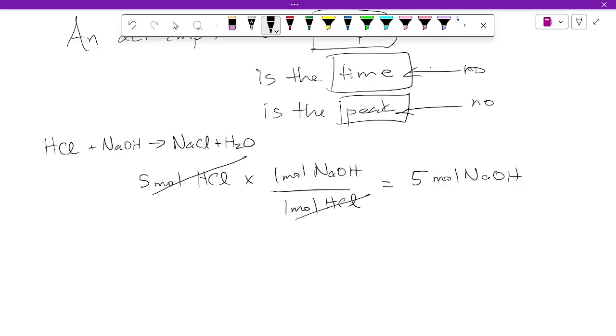But then people will say, I want to find the concentration. Is that still a correct calculation? Or actually, let's make it easier. Divide by 2 liters.